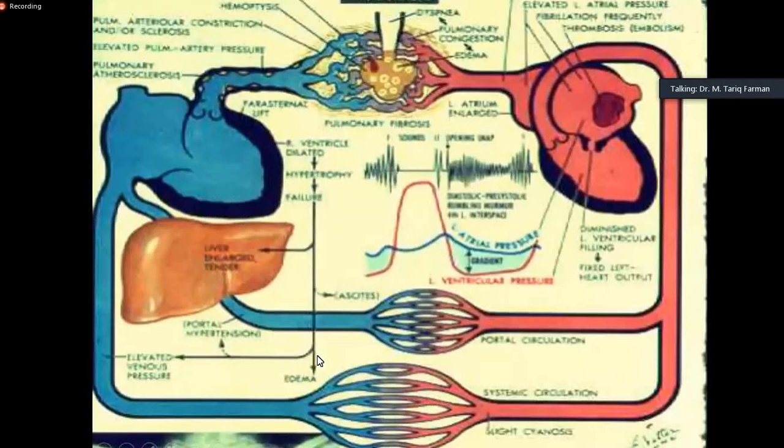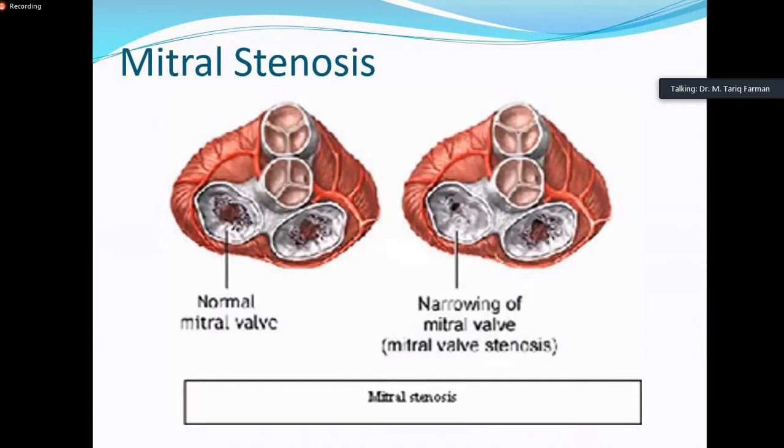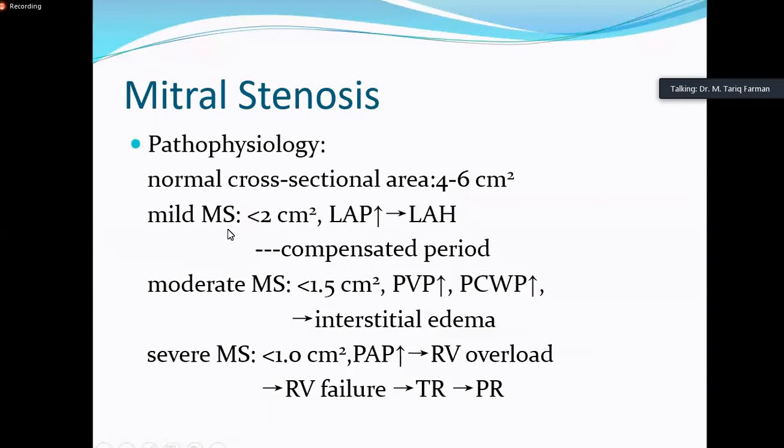But now there's a newer classification that comes in, and in the newer classification, we have divided the disease into progressive MS, severe MS and very severe MS. If the patient has more than 1.5 centimeters square of the mitral valve area, right?